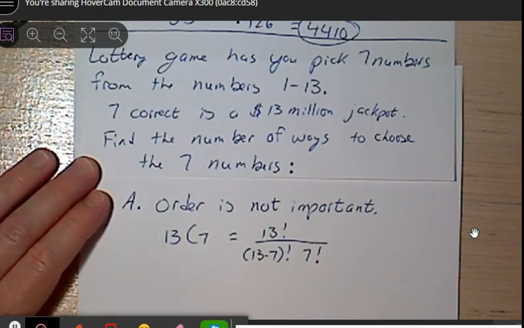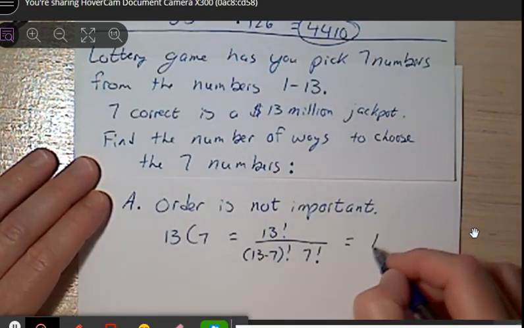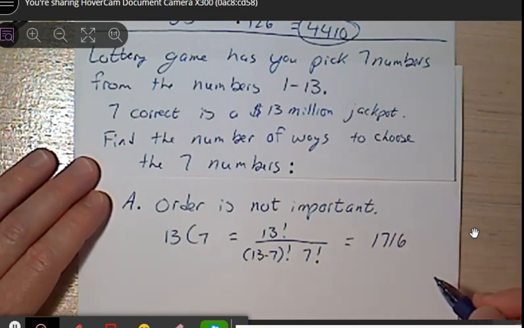I'm going to save us the work on these because I had a calculator and punched this in to get the numbers, but there's your setup for this part. You've got 1,716 possible different groups to pick from, as long as you pick the 7 numbers, the order doesn't matter.